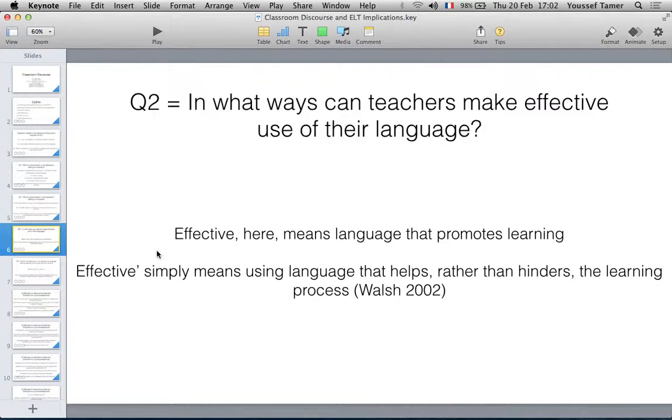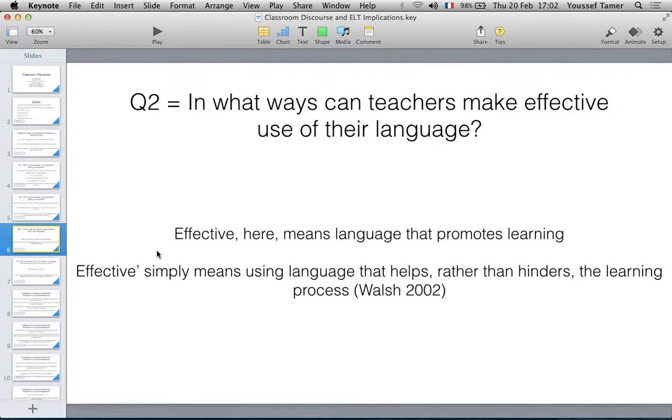One of the ways teachers can use their language to promote rather than hinder teaching and learning is to give the students more room for talking rather than just giving short answers.